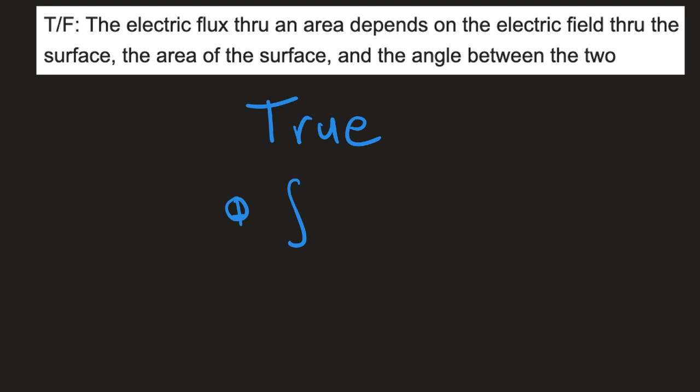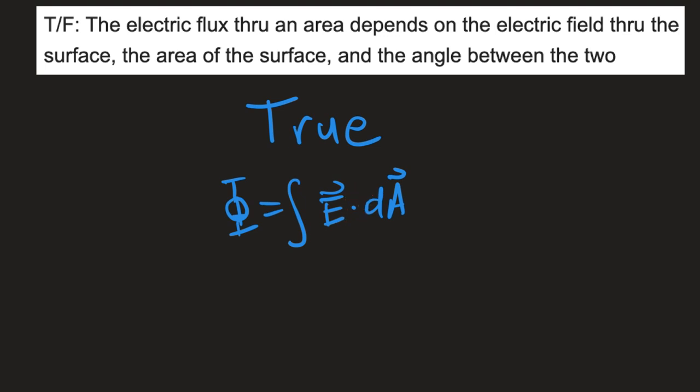Our flux, written as that capital Phi, is going to be the integral of E dot dA. The E part is the electric field going through that surface. The area that we're going to integrate over is the area of the surface. And the dot is a dot product that says how aligned these two are.